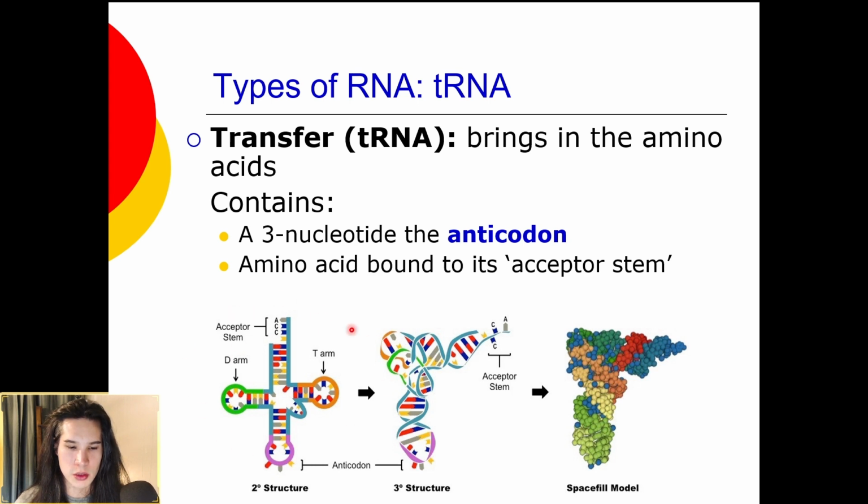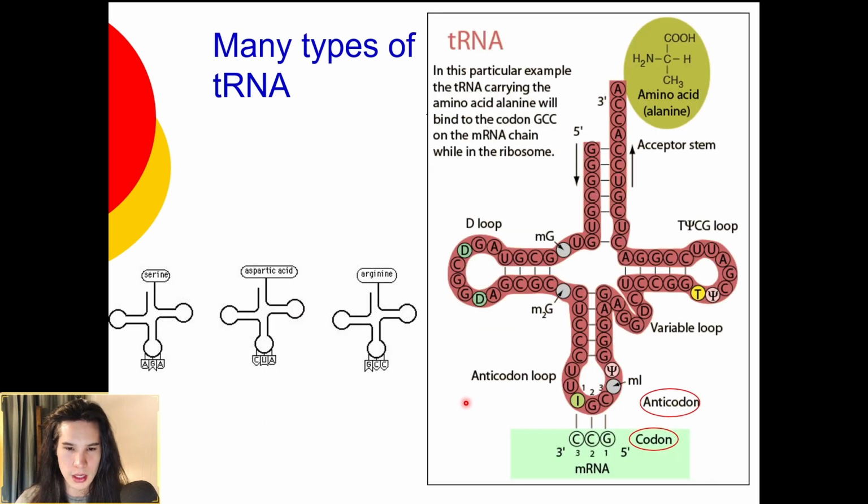Now this is a simple two-dimensional structure. Here's a three-dimensional structure, and then here's the space fill structure. So it's just kind of like a glob of RNA with a little bit of a coding region over here and then a little bit of a protein grabbing or amino acid grabbing region at the top.